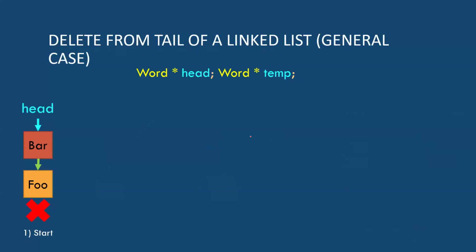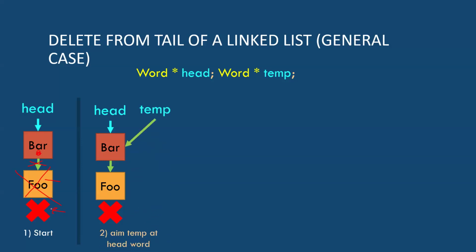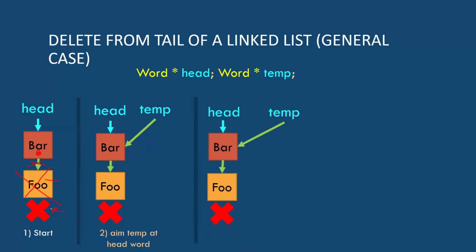Now, if we're going to delete from the tail, it's tricky because in order to delete the last thing, I have to stop here and then use this thing and set it to null and delete this thing here. So I don't want to go to here, and I certainly don't want to go to here. So my while loop is going to need to search for the second to the last thing.